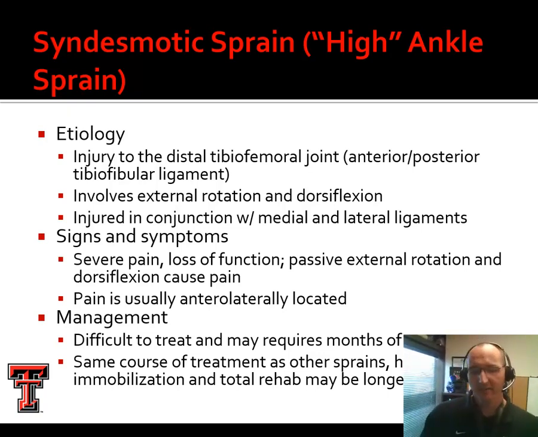These are notoriously difficult to treat. It's very, very difficult to stabilize these injuries, so there's not really a good tape job or a brace that can protect, unlike an inversion sprain where we can pretty effectively brace them or tape them. This is going to, again, follow that same course of treatment, but it's going to take longer to get through.